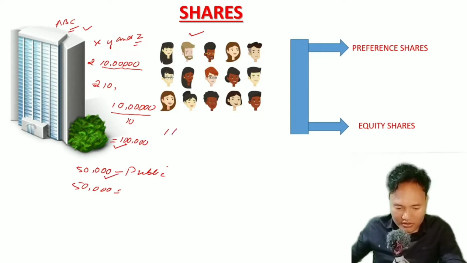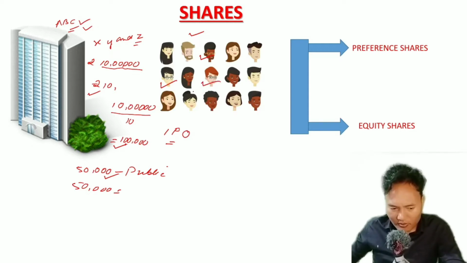We call it an initial public offering, and this can be purchased by the various members of the public who want to invest money in the company, so-called ABC. Once the general public purchases the shares from this company, they will be called what? Shareholders. The person who purchased shares from the company will be considered a shareholder.